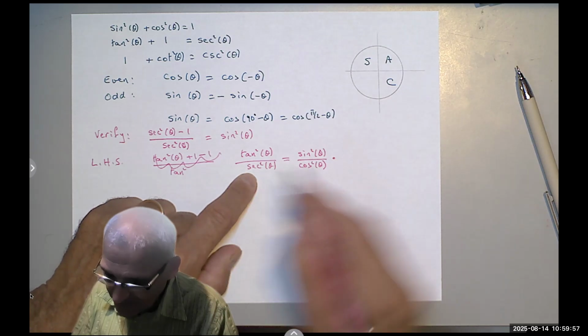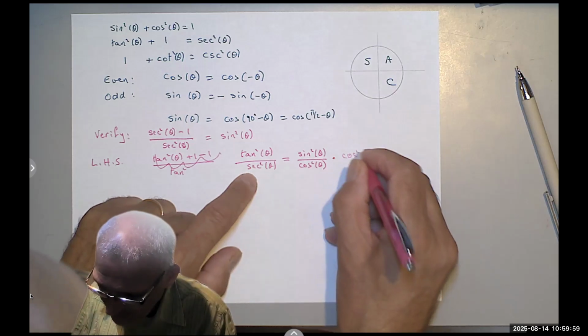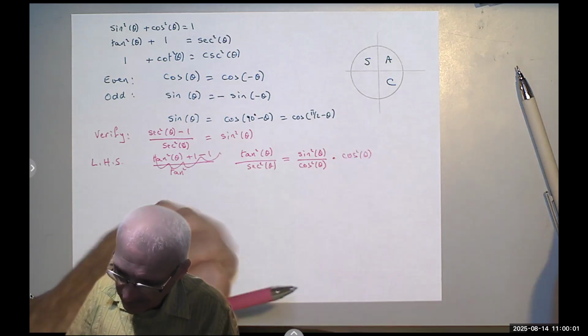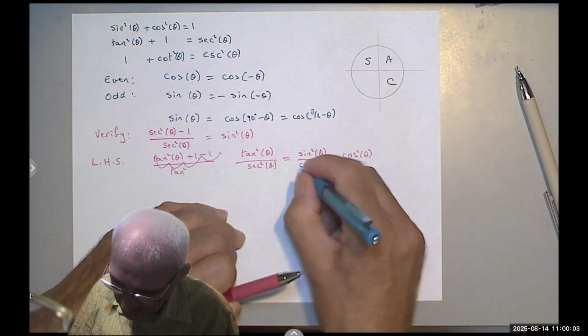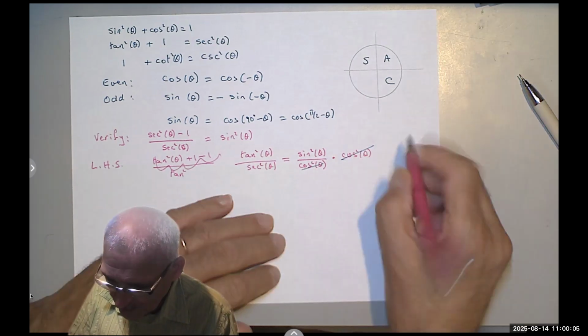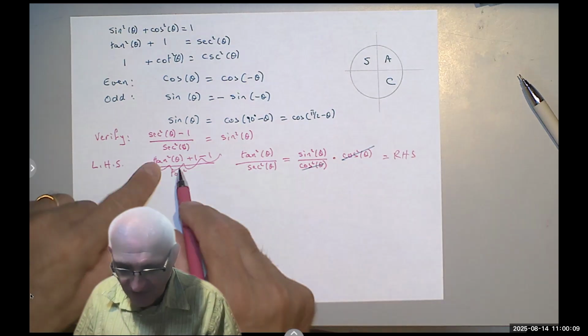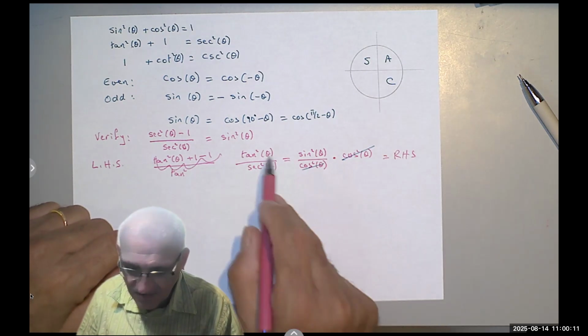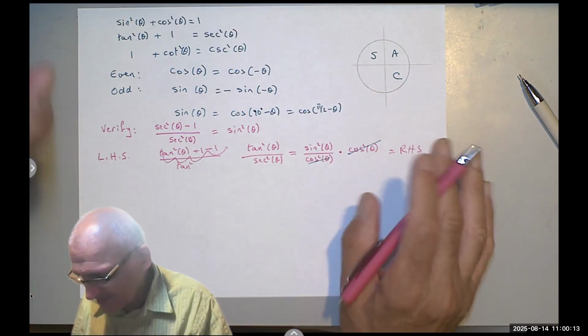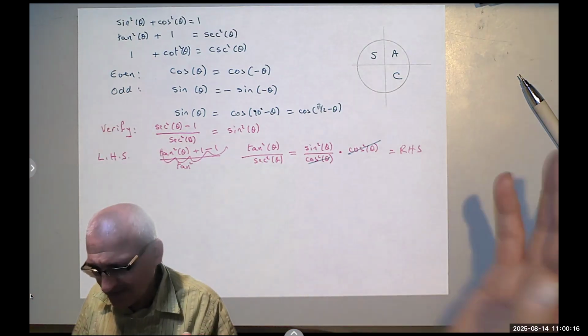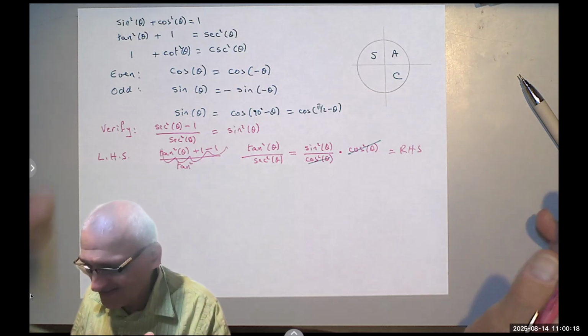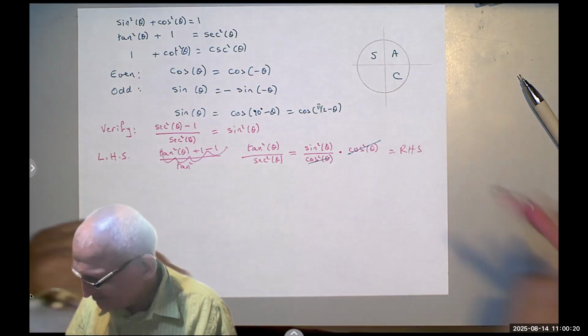So the reciprocal of secant square is cosine square theta. So it equals the right-hand side. So that's an easy verification. In fact, I could have done it here as tan square over secant square, which we already have here. I don't know why I said, no, there's an easier way. It's the same thing.